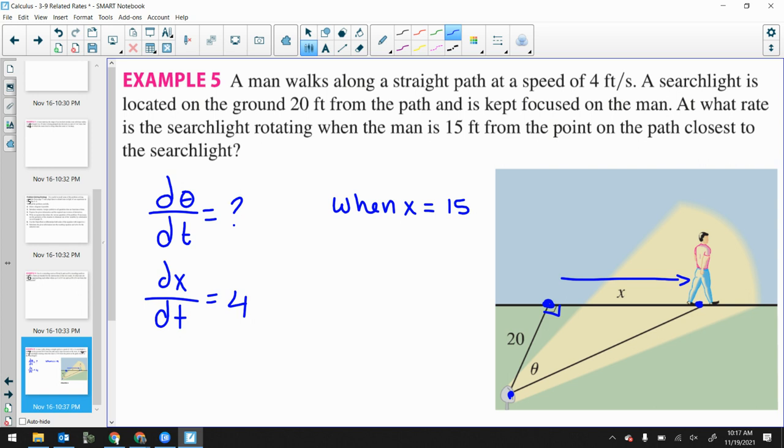No. So I can't use the Pythagorean Theorem here. So what type of equation could I use that relates theta, this side, and this side? Tangent. Tangent theta is equal to the opposite over adjacent, x over 20.